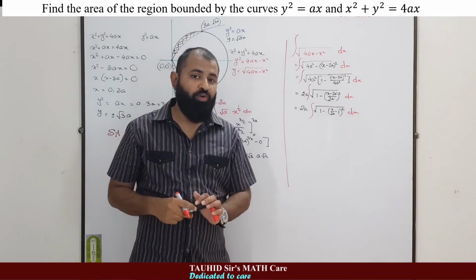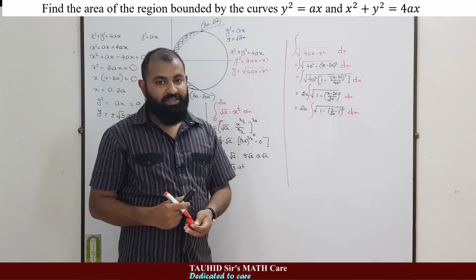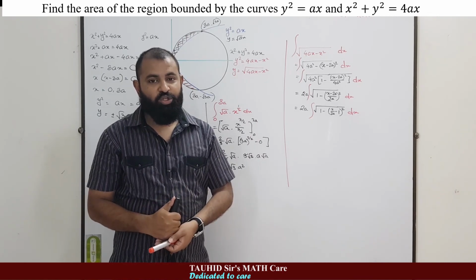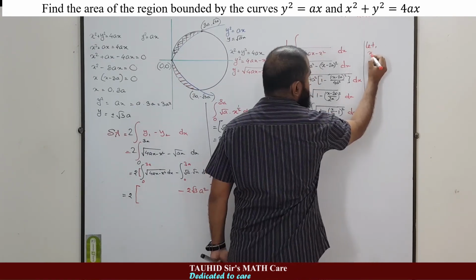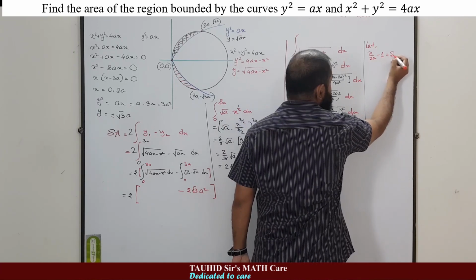So how to find the integration? We know that if we see a 1 minus x square shape inside a root, we simply use the substitution x equal to sine theta. That means we will use the substitution here. Let x by 2a minus 1 equal to sine theta.